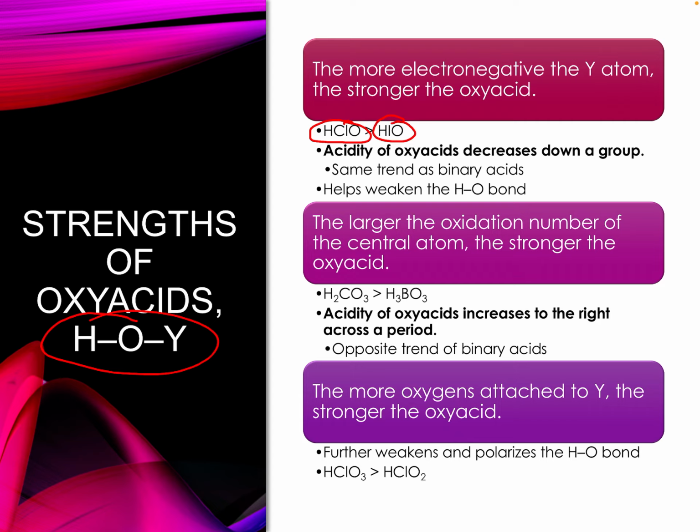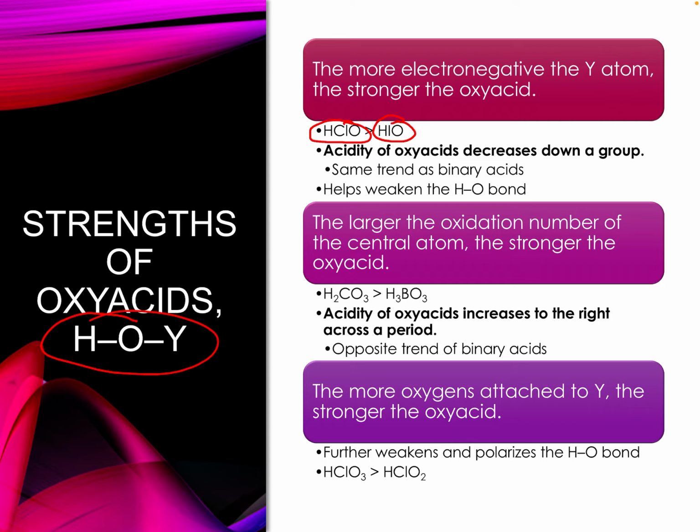As we increase the polarity of that bond, we're making it a little more like an ionic compound. And so that means that the hydrogen is going to be easier to ionize in solution. So the more electronegative that atom is, the more it's going to pull the electron density away from the hydrogen, making it easier for the hydrogen to fall off, which makes it a better acid.